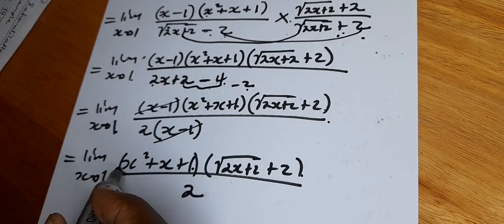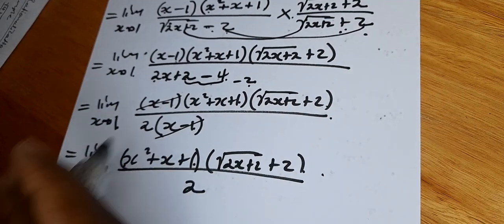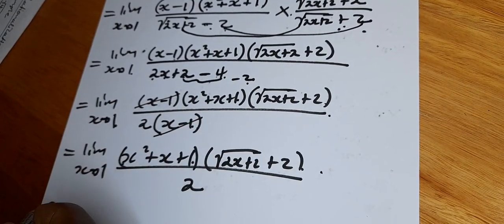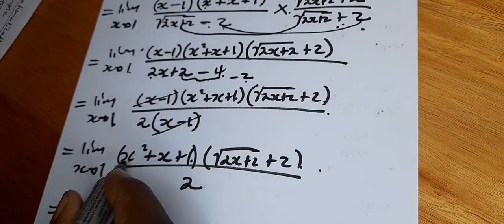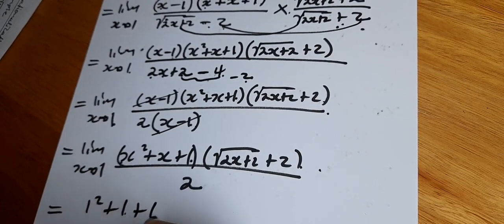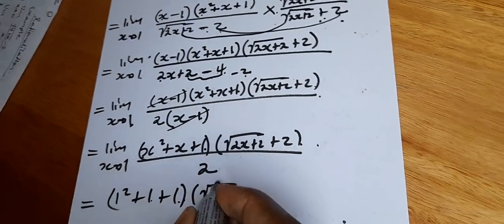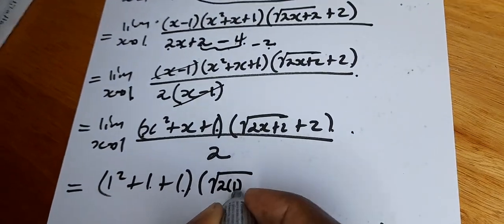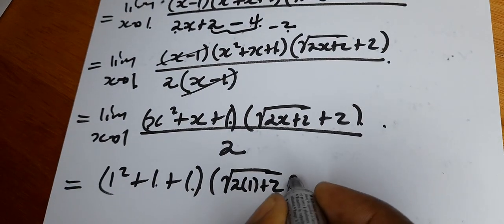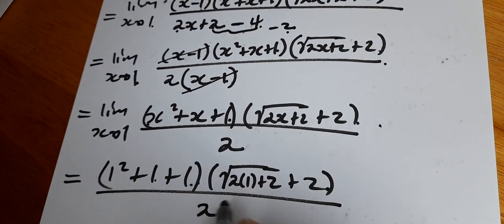Then now you can do the distribution part, but now I'm going to substitute that one. So let us substitute. This is equal to 1 squared plus 1 plus 1, and then multiply by the square root of 2 times 1 plus 2, and then plus 2, all over 2.